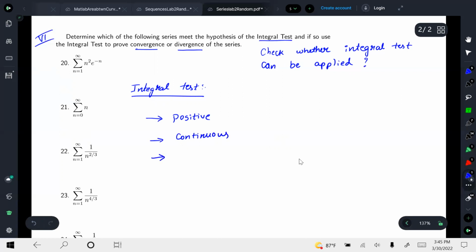And any idea what the third condition is? It has to be positive, continuous, and decreasing. Okay, so these 3 conditions have to be satisfied in order to apply the integral test. Okay, we will study more about this.